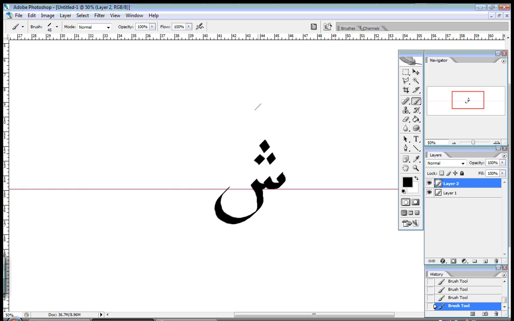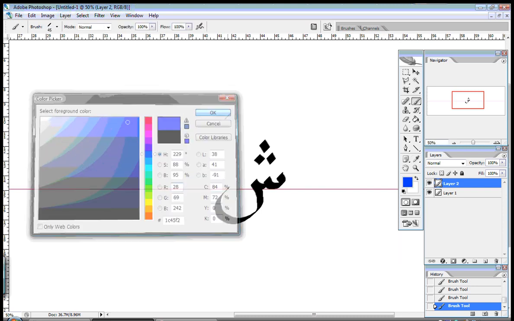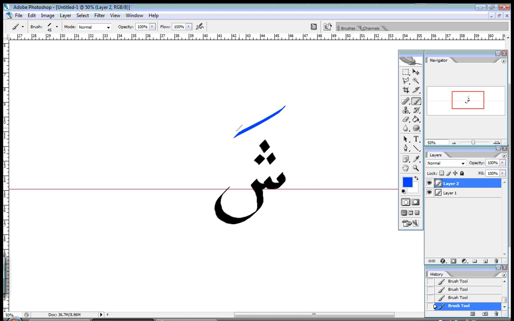No, it's Sha. So how would you pronounce that with the different alamat tashkil? It would be Sha, Shu, Shi. Again, Sha, Shu, Shi. Okay, so basically that's it.